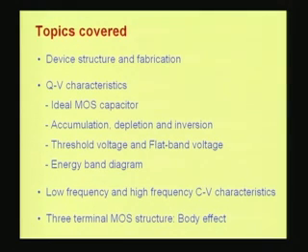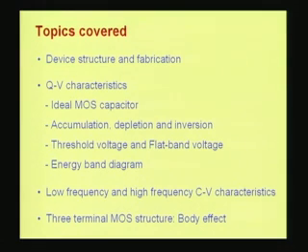Then by differentiating the charge versus voltage or QV characteristics, we obtained the low frequency CV characteristics. Then we explained why the high frequency CV characteristics are a little bit different than low frequency. More specifically, under high frequencies the capacitance in inversion saturates to the value of the capacitance at threshold.